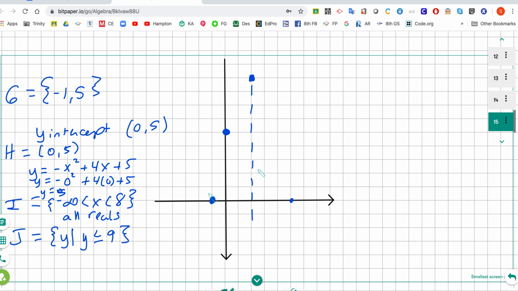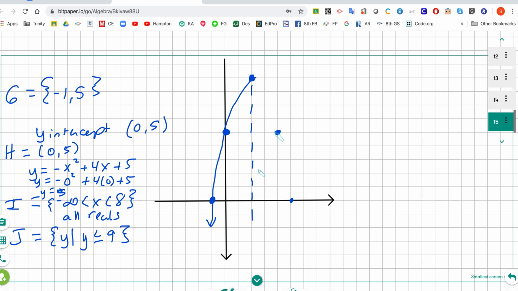Now, in order to find my other point, I stand on my y-intercept and count 2 to the right. And that's going to give me my fifth point that I need. Now, I'm going to go ahead and draw my parabola in, noticing that it is opening down as we said.